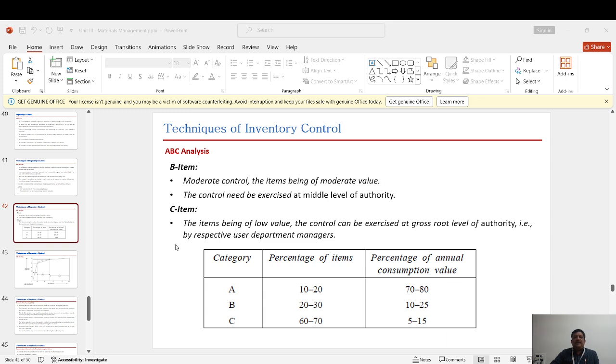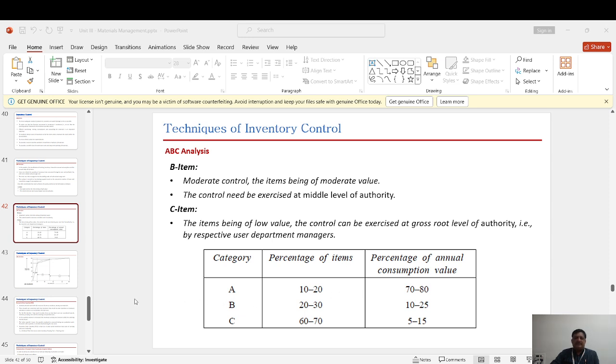Total annual ordering cost is equal to the number of orders per year into ordering cost per order. So total ordering cost is D divided by Q into C3, where D is the total number of units procured annually.